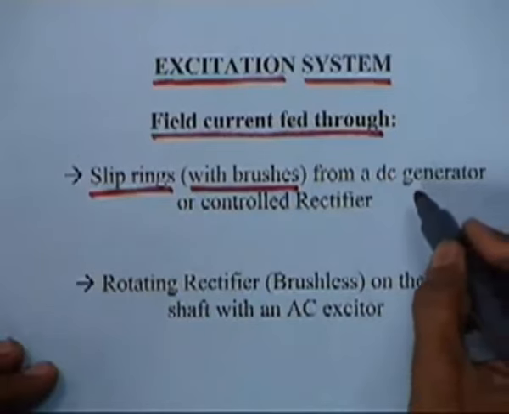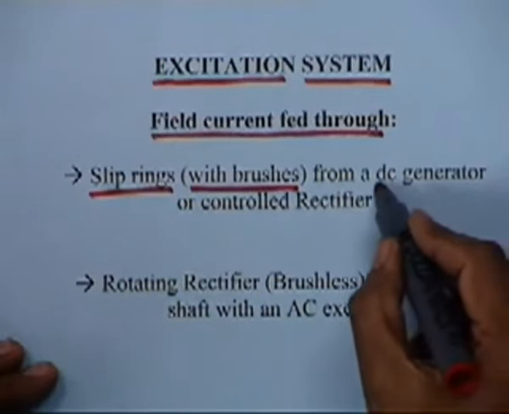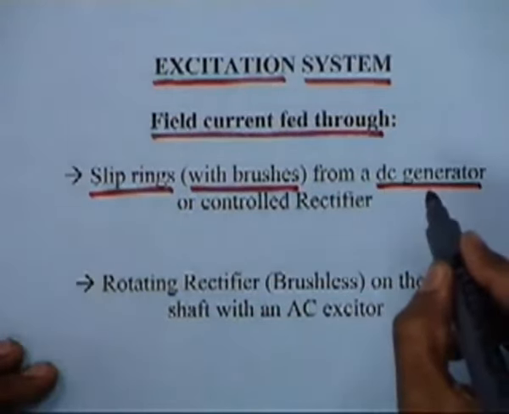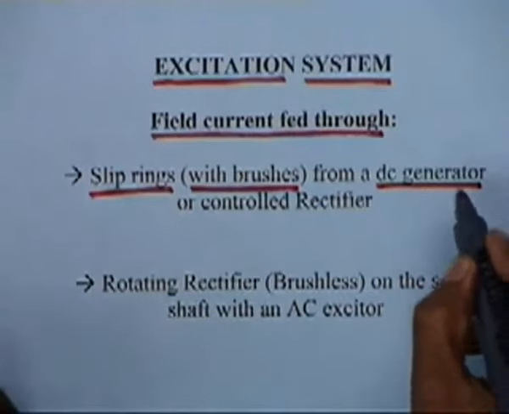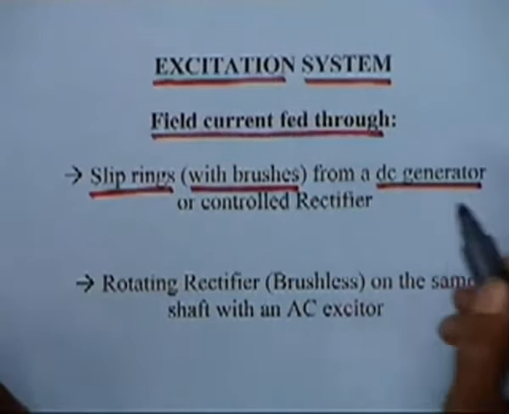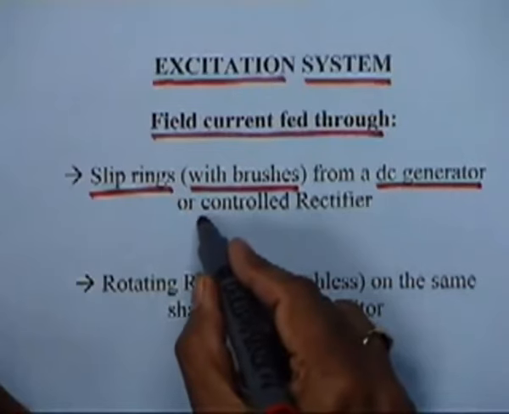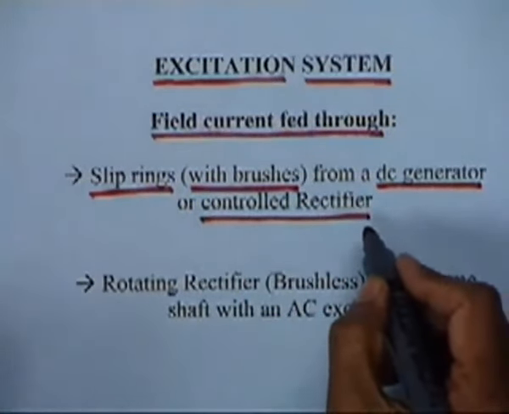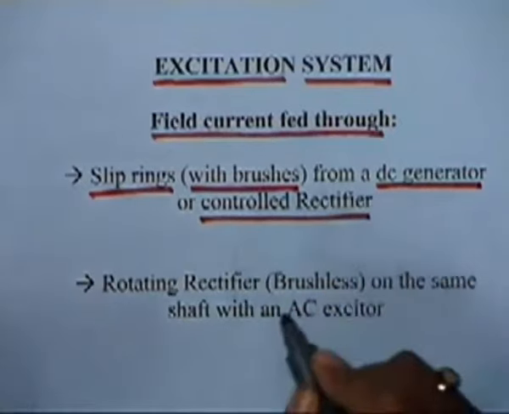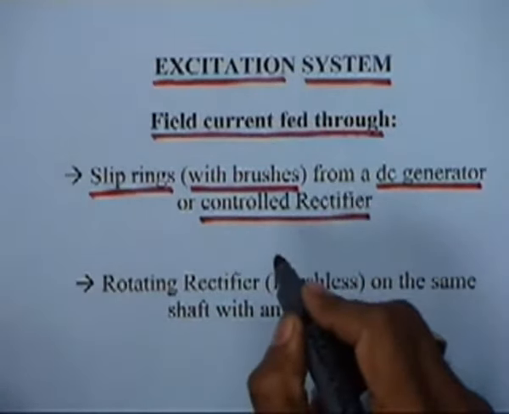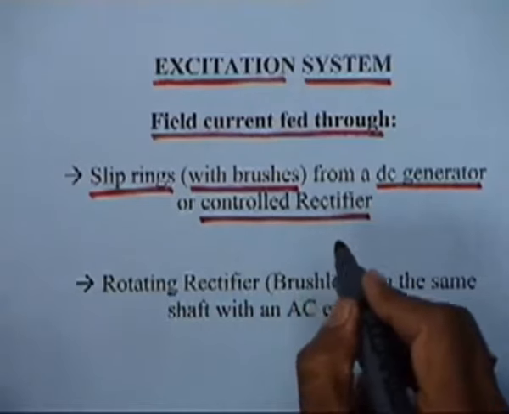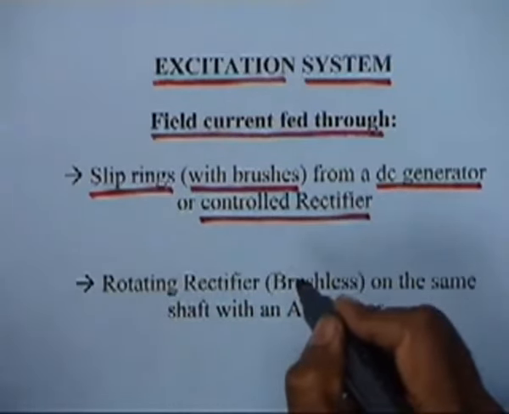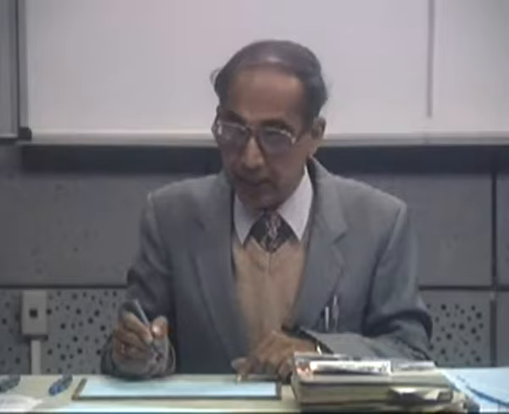Generally, the DC is produced either through a DC generator mounted on the same shaft, or a stationary external controlled rectifier. That means you can have an AC source and a rectifier which converts the AC to DC, and then from that DC you take it to the slip ring terminals.